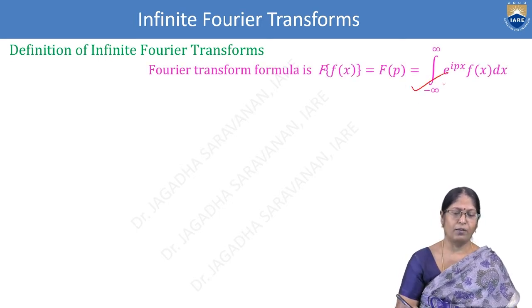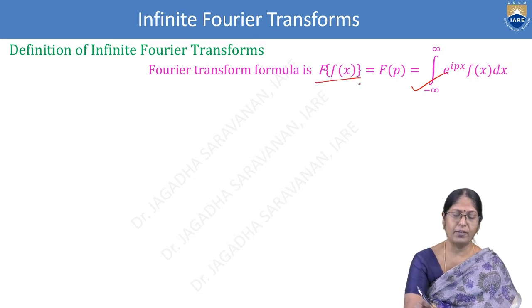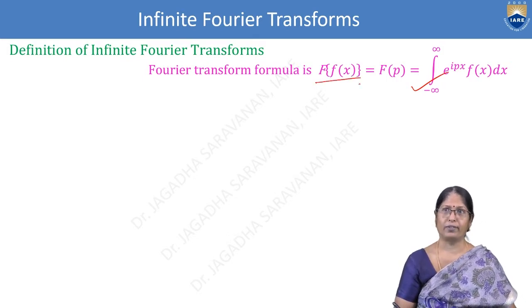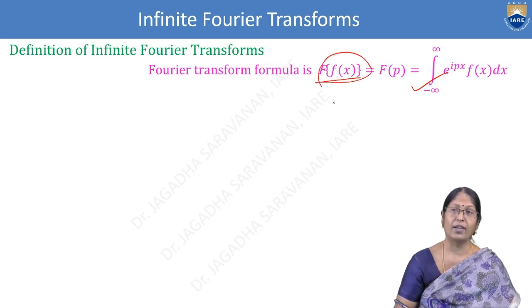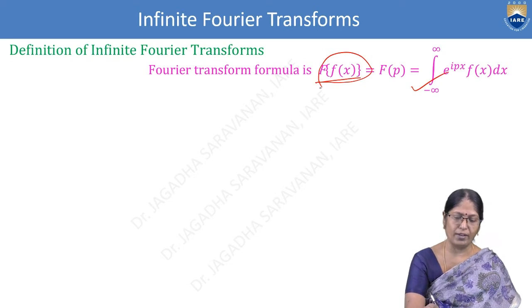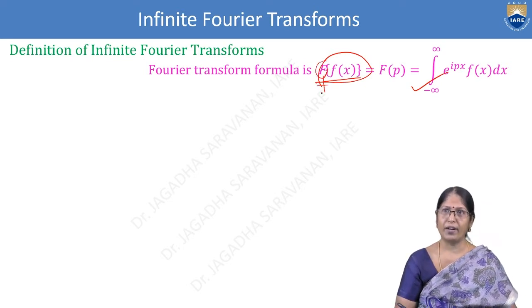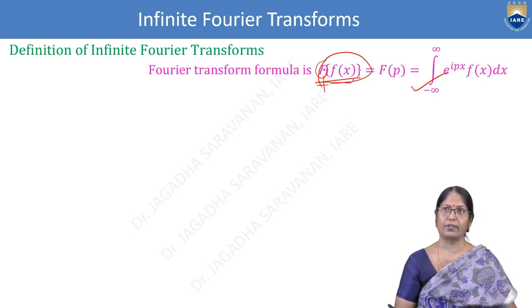The Fourier transform formula, mathematically the notation, is capital F of x. We read the capital F as the Fourier transform of the function f of x.